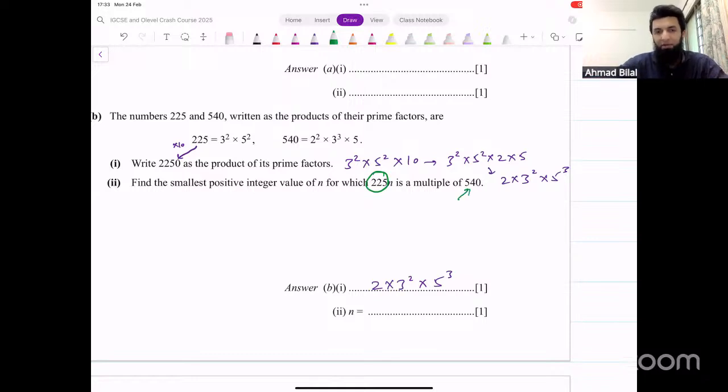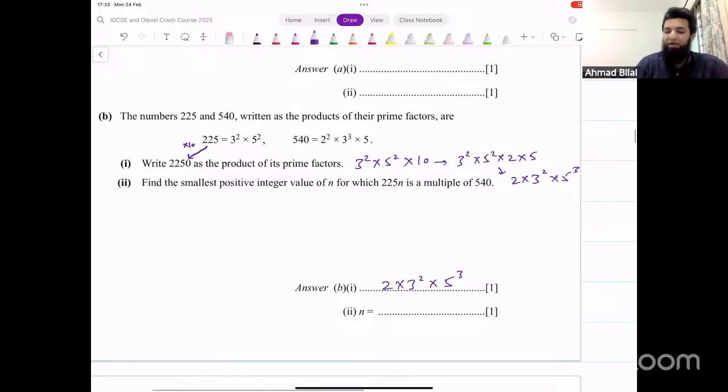So the number that we're talking about, it will be a multiple of both 225 and 540. So one way to do it is that we find the LCM, and once we have the LCM, we just divide that by 225. Or a relatively easier way of thinking about this would be, what's 225n? 225 is 3 squared into 5 squared.